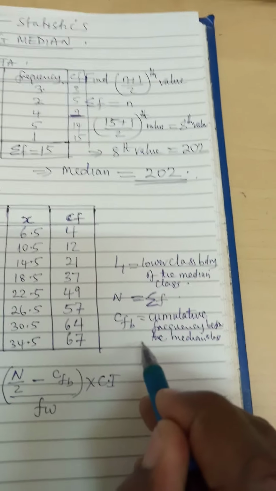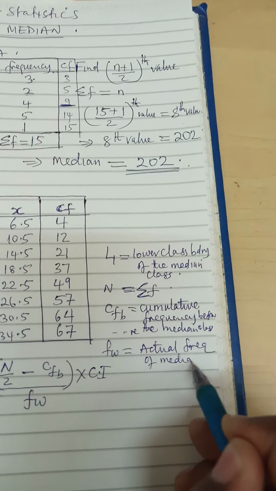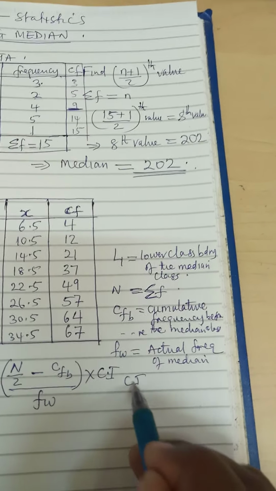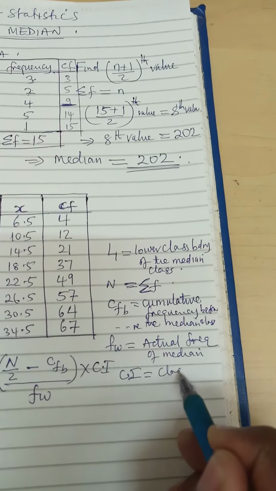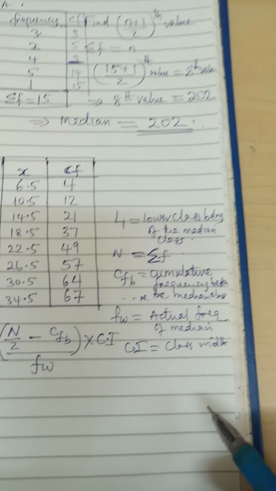FW is the actual frequency of the median class. And C.I. is the class interval or class width.